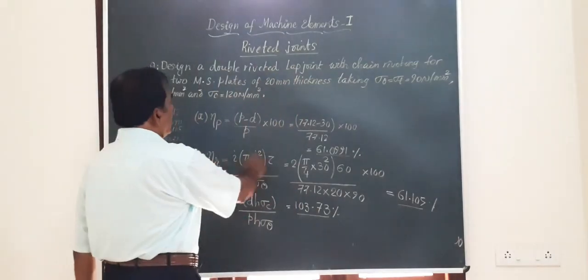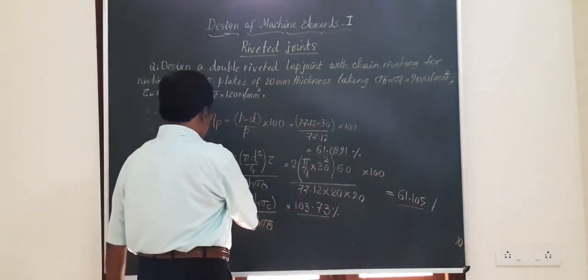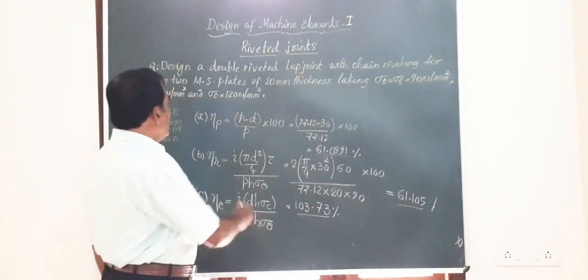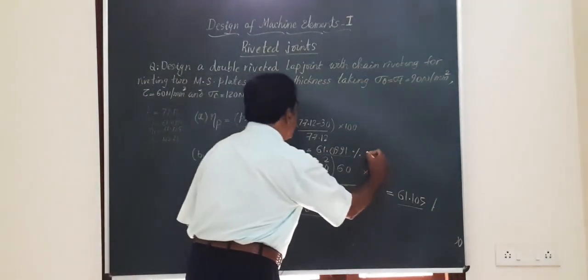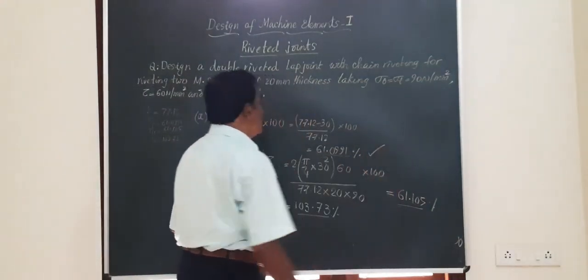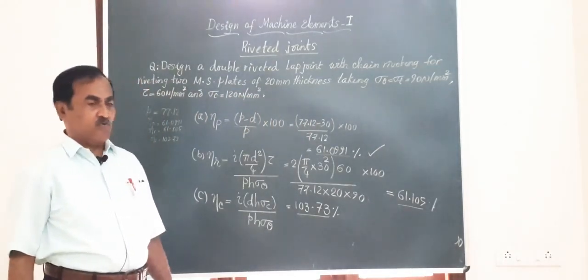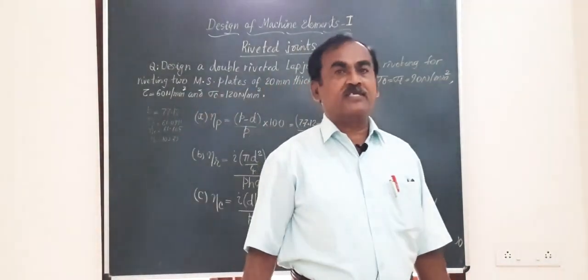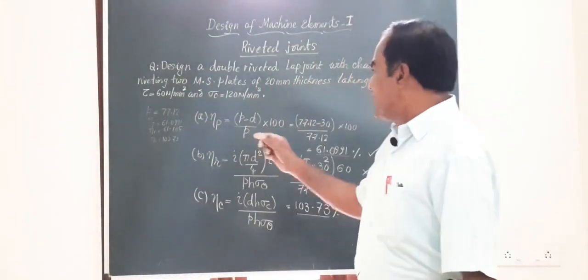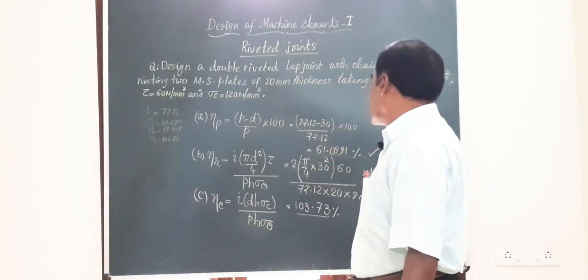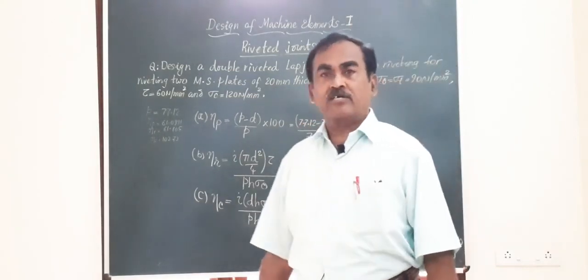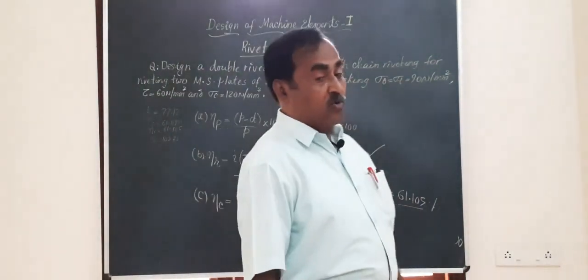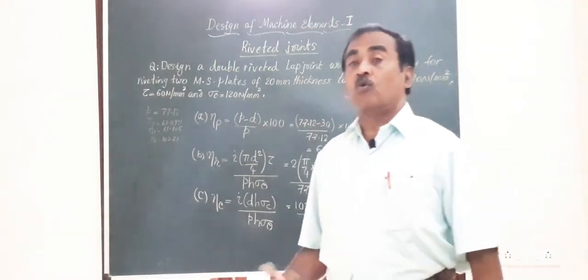Here if you observe, eta P is 61.0991, eta R is 61.105, and it is very obvious the least of all these three efficiencies is eta P, which is 61.0991. Friends, you can conclude that the least of the three efficiencies is eta P, that is the efficiency of the plate, and that is the efficiency of the joint, 61.0991%.